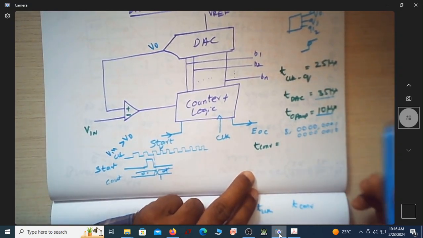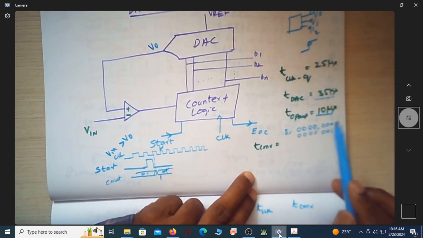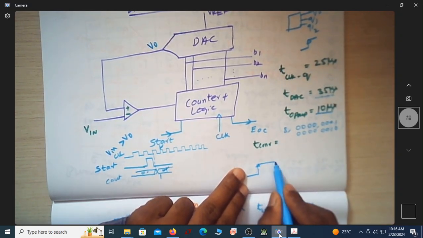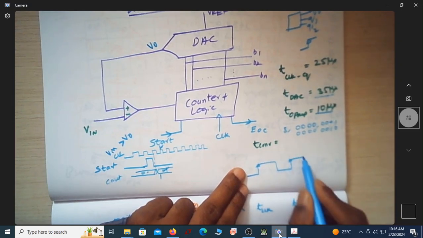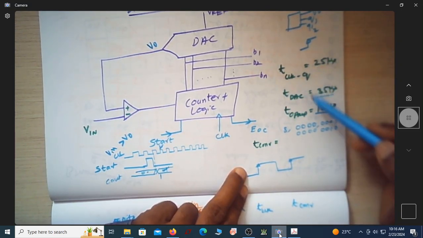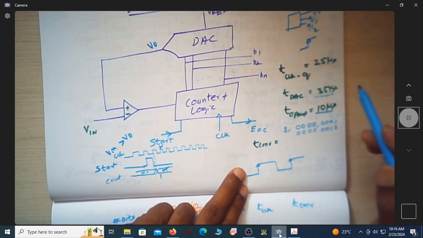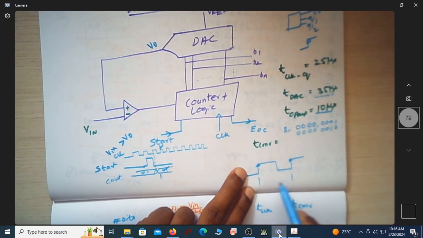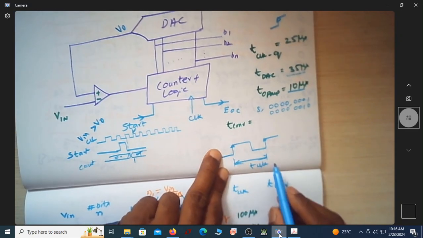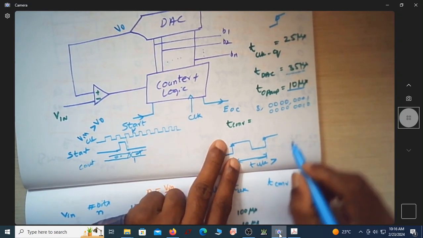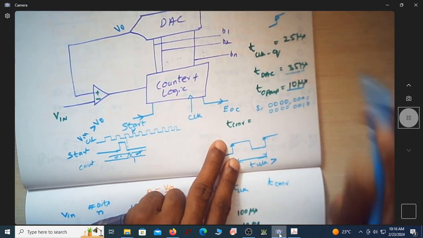So before my next clock edge comes, after this first edge, all three processes have to be completed. If this is my T of the clock, T clock should certainly be greater than the summation of all three timings.